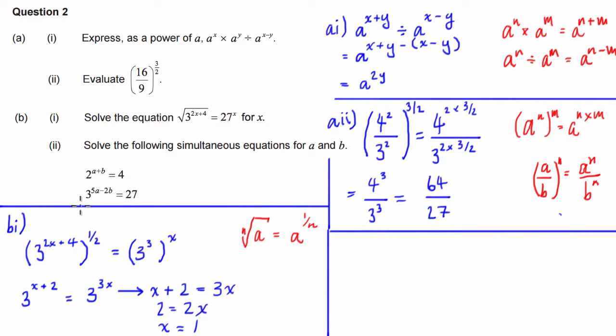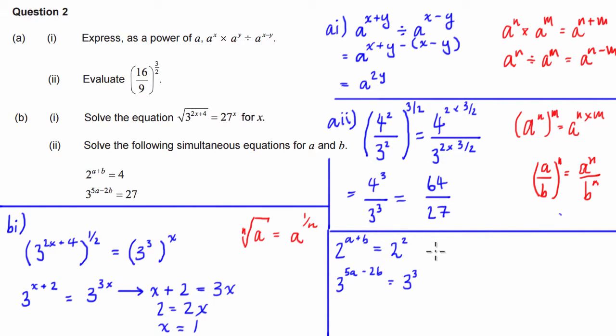So I'm going to rewrite this simultaneous equation as 2 to the power of a plus b equals 2 squared, and 3 to the power of 5a minus 2b is equal to 3 cubed. So that's 27, and that's 4. Now what I can do from here, like the last problem, is just remove the bases. If the bases are the same on both sides of the equality, we can just equate the powers.